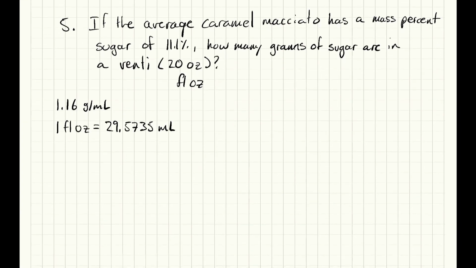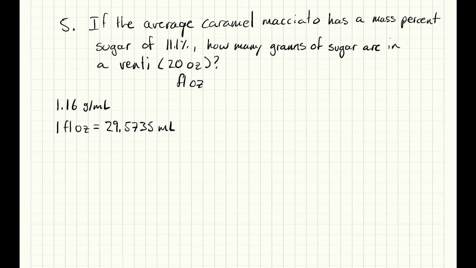So the first thing you need to do for a problem like this is, again, set up a solution diagram, especially for a problem like this. We're given mass percent. Mass percent is the proportion of the whole that, in this case, sugar is. So the proportion of an entire caramel macchiato that our sugar is.